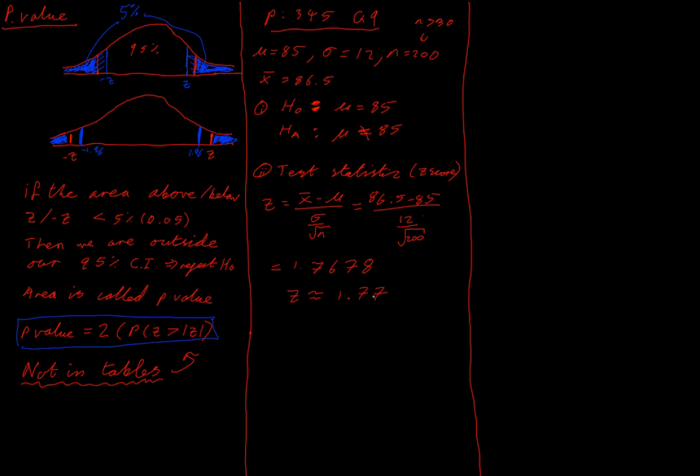Now, remember we've got a z-score here, which is, we'll say our z up here, and we are looking for the area under our curve that is above that, and we are going to double that. That's our p-value, and that is step 3.